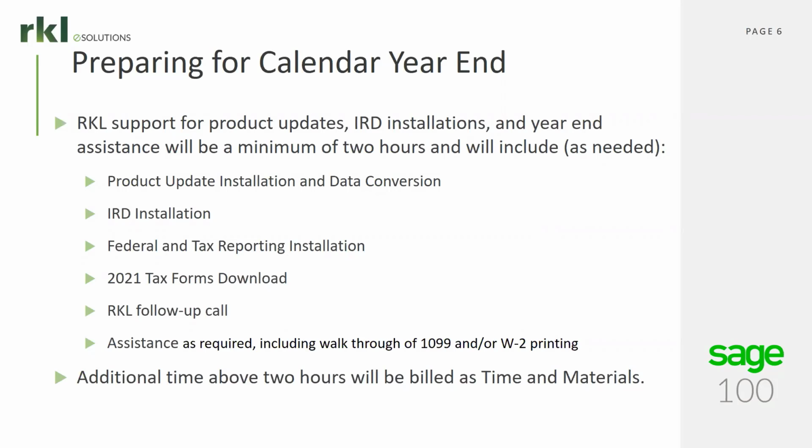It will be a minimum of 2 hours, and it will include, on an as-needed basis, a product update installation and data conversion, installation of the IRD, installation of the federal and tax reporting program on the workstation where the tax processing will occur, installation of the 2021 tax forms, and a follow-up call from an RKL consultant, as well as any other assistance that you may require, including a walkthrough of the 1099 and/or W-2 printing wizard.